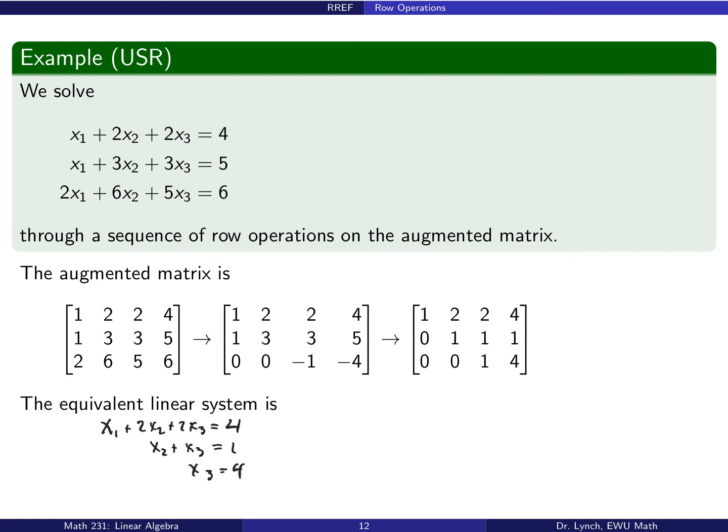As you can see, this is exactly the linear system that we got last time, and we saw how we could use back substitution to solve for x2 and x1 once we know that x3 is 4. So here again is the unique solution to this system: x1 equals 2, x2 equals 3, x3 equals 4. And we've obtained this by a sequence of row operations on the augmented matrix.